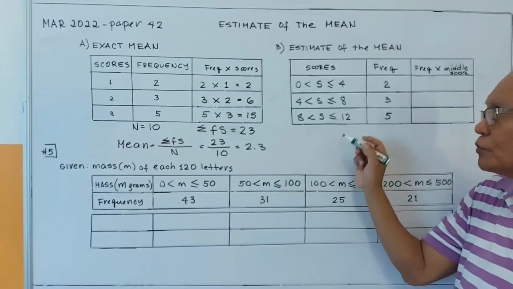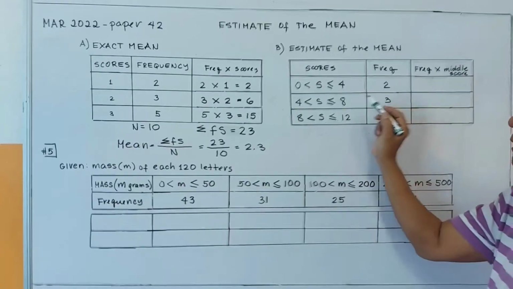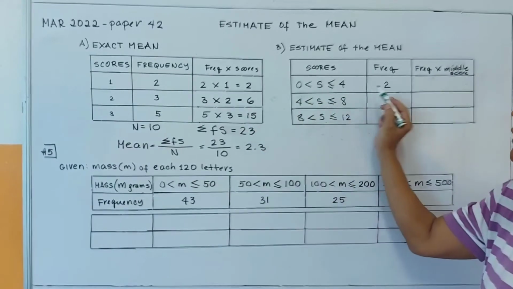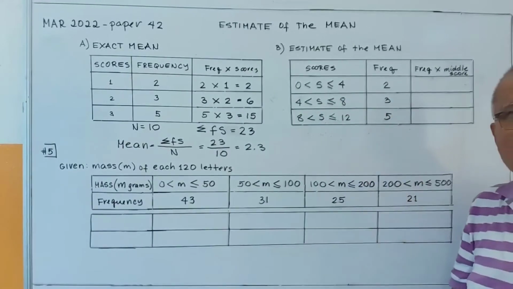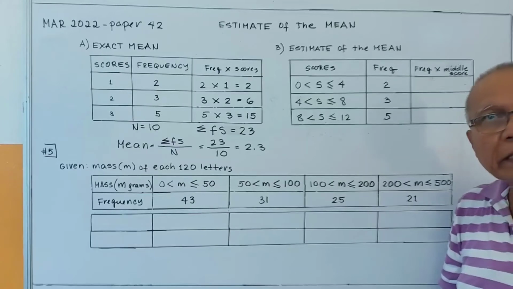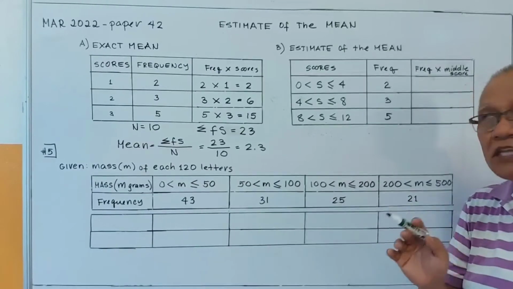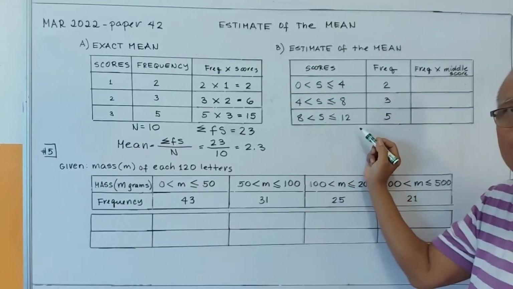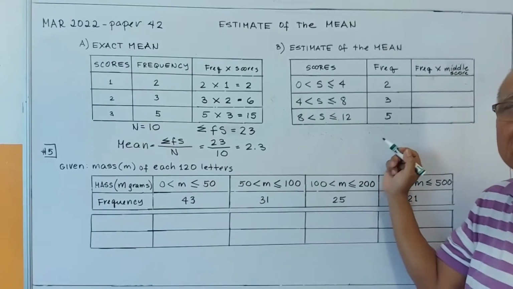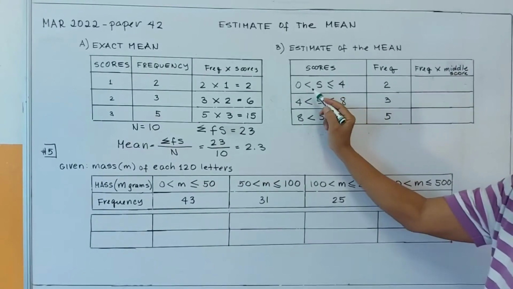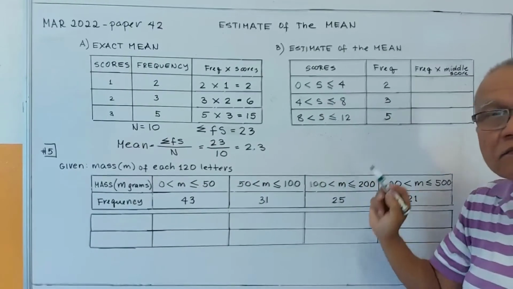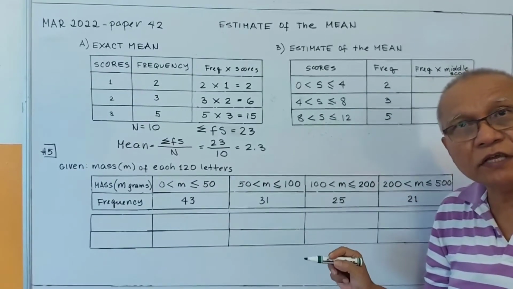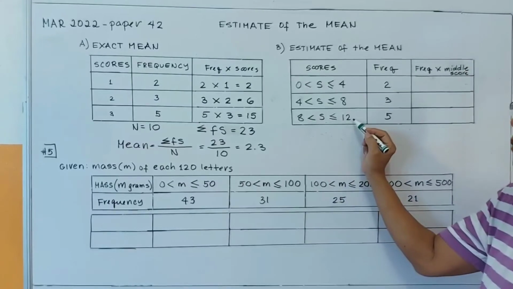Now, what are we going to multiply the frequency by here? We cannot multiply 2 by 4 or by 0, or 8 by 4. What do we do? We get the middle, the median of 0 and 4, the middle number, the middle score. To get the middle score, all we have to do is add this and this divided by 2. That's the average of the class scores.